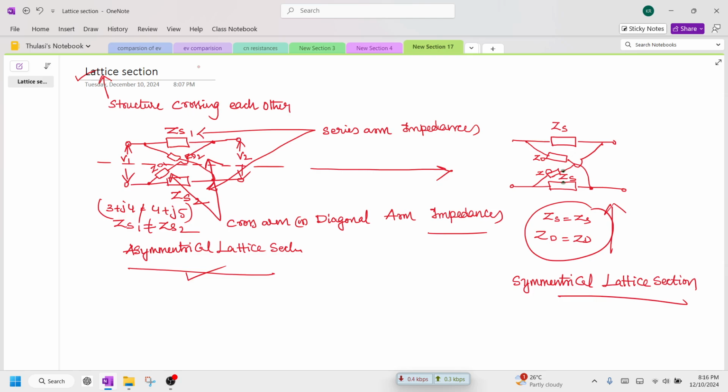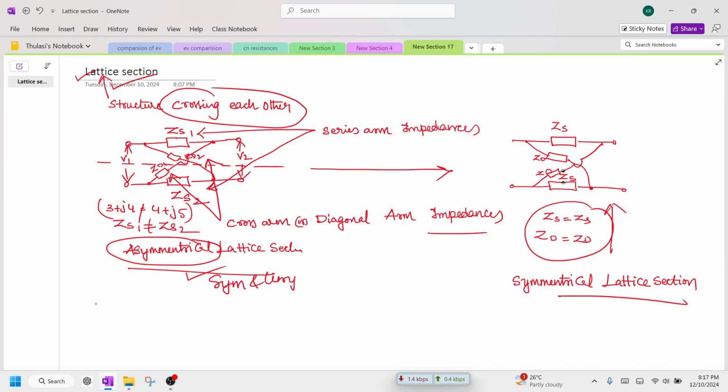Now let's try to understand a bridged network, a bridged T section. Just understand, if you have crossing, those kinds of crossing sections are called lattice sections. ZS1 and ZS2 being two different impedances is what is called unsymmetrical. I already told you how to classify symmetrical and unsymmetrical.